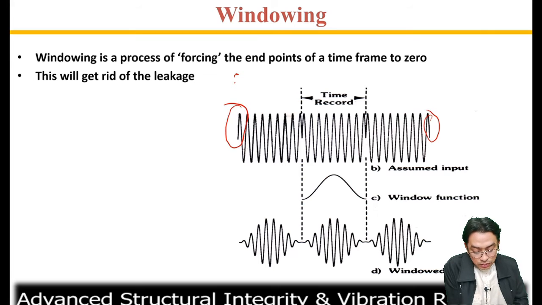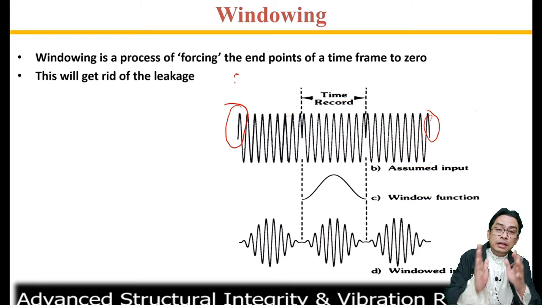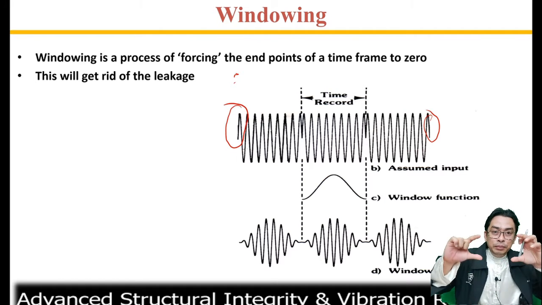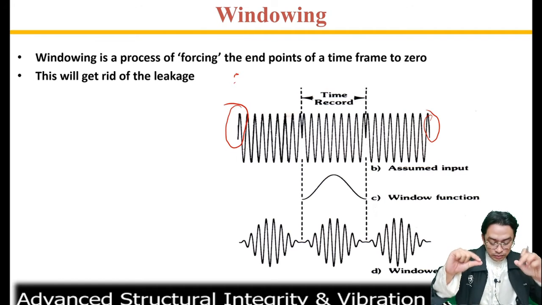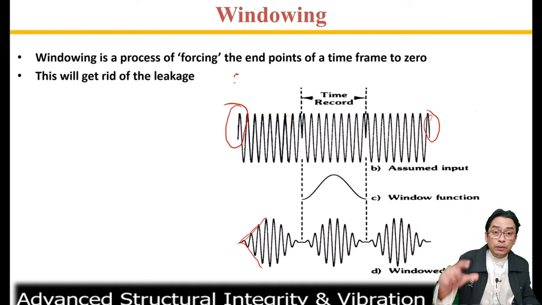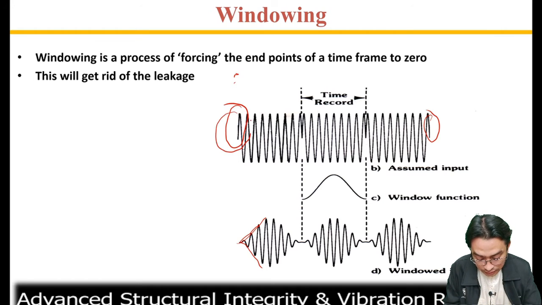Right. Because we cut the signal every time, to avoid this, we make sure that the area that we cut is being squeezed down. For example, this one. If we squeeze that one down, there's no more hanging part as stated here.